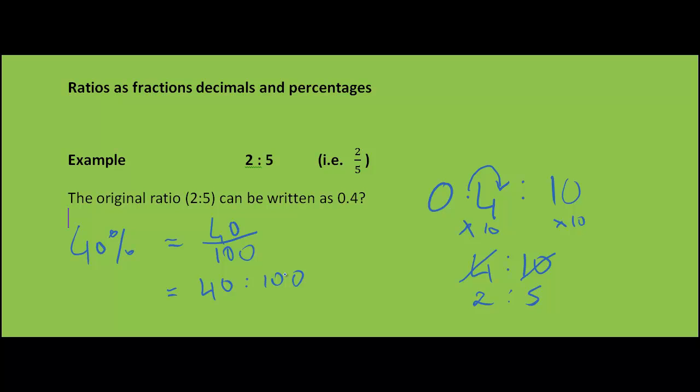And again, if we look for the highest common factor, which would be 20, if we divide both sides of this ratio by 20, 40 divided by 20 is 2, and 100 divided by 20 is 5. And so we get back to the original ratio of 2:5. So a ratio comparing only two amounts can also be written as a fraction, a decimal, or a percentage.